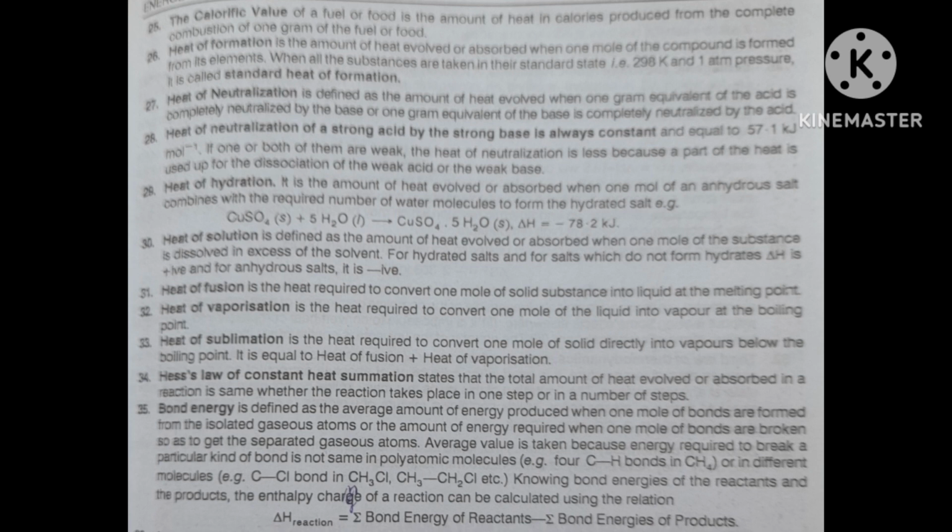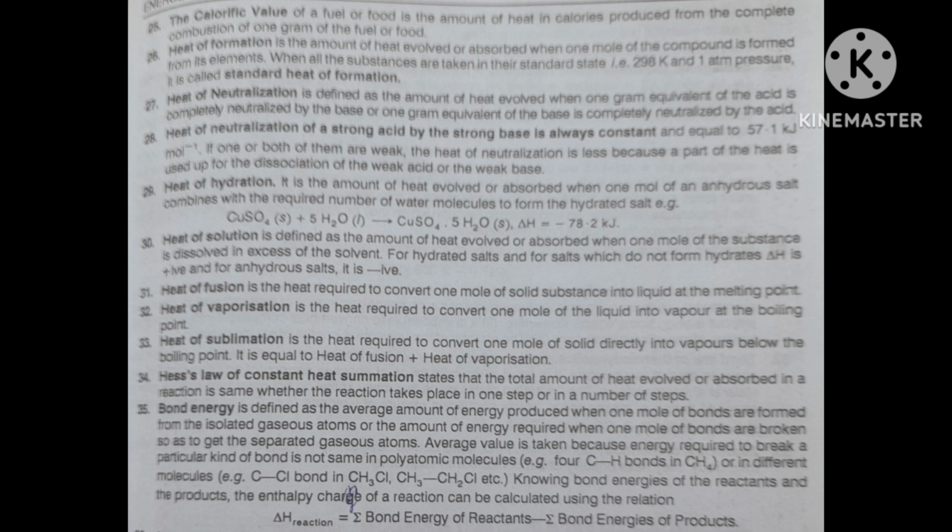Summation of bond energy of reactants minus summation of bond energy of products. Okay, means reactants minus products. That is called delta H reaction, also called the enthalpy change of a reaction.